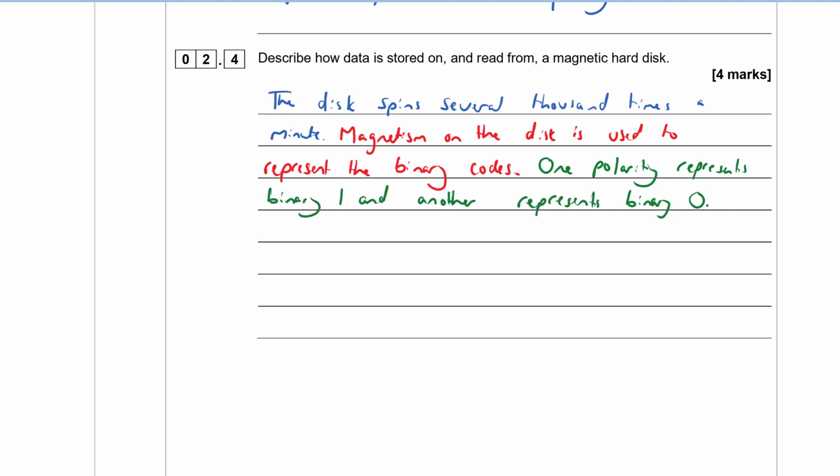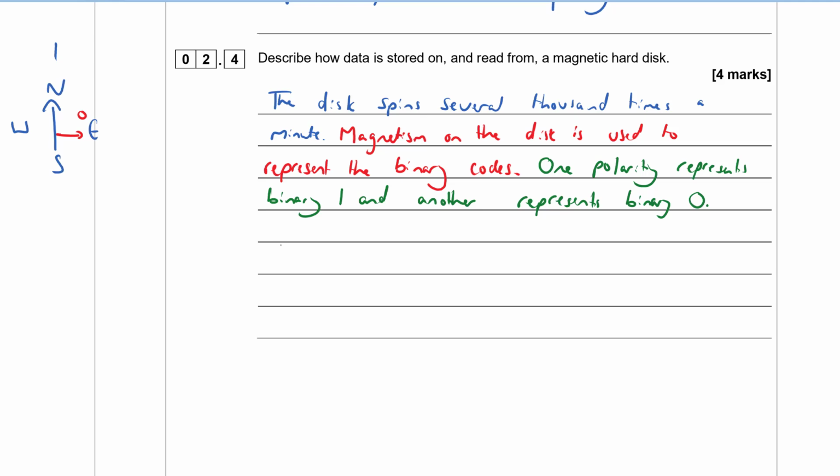Now this is not quite how it works, but I think it's fine as a sort of mental model. If you can imagine a compass, you've got north, south, east and west. The polarities, which orientation this magnetism is facing, say facing north might be a 1, if it's facing east, that might be a 0. Now, not quite how it works, but that's the gist, I suppose. Now, I reckon that's 3 marks.